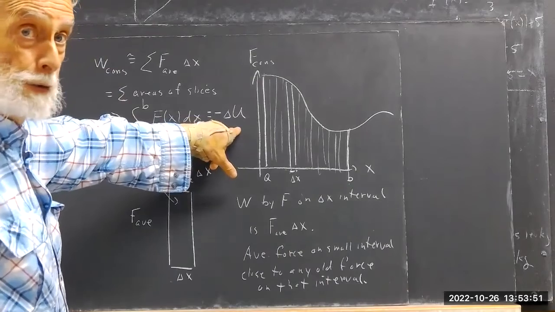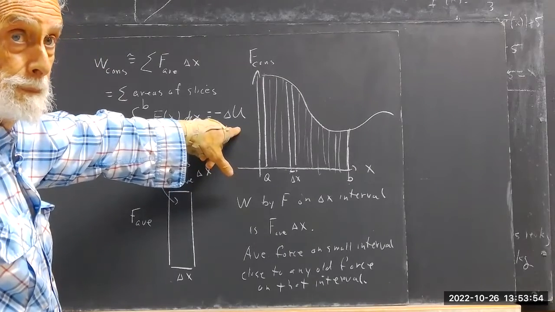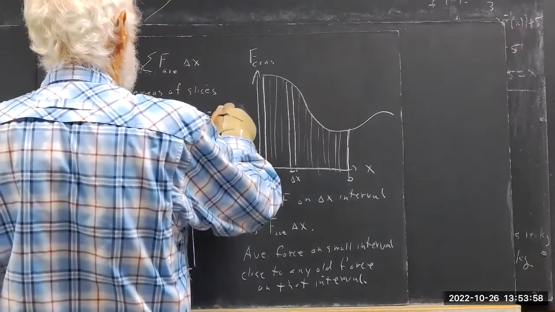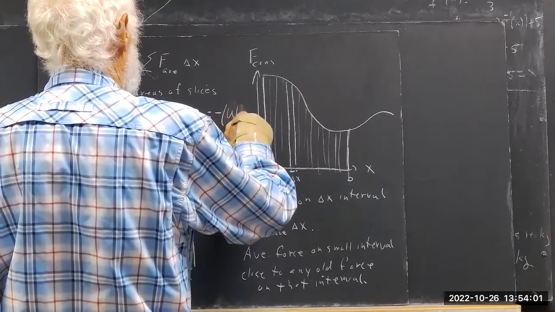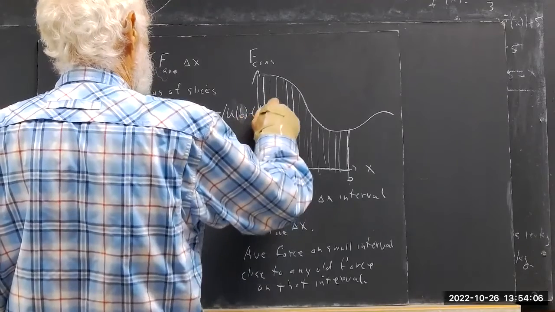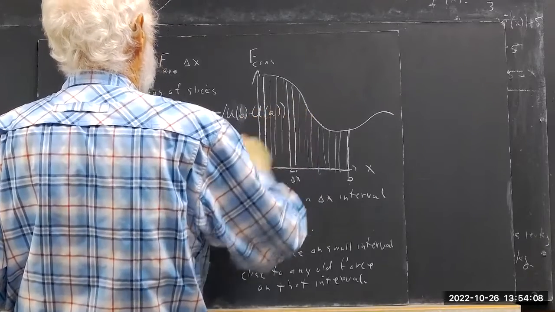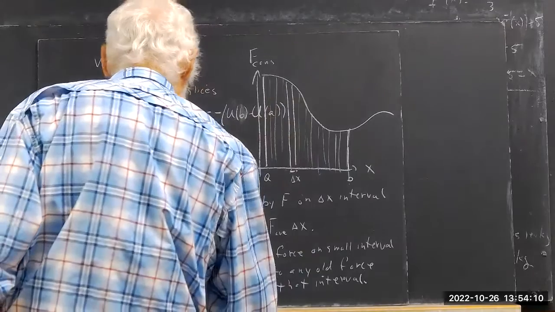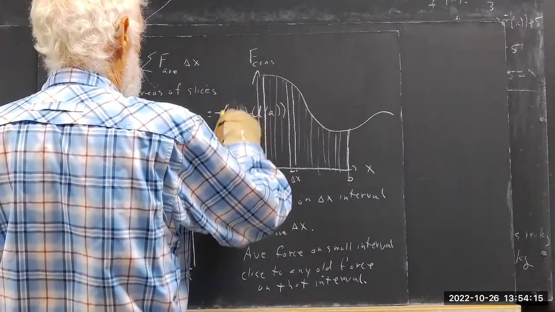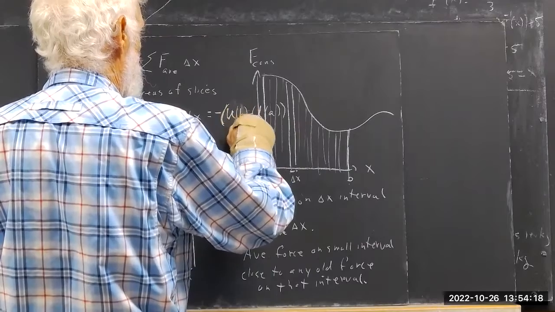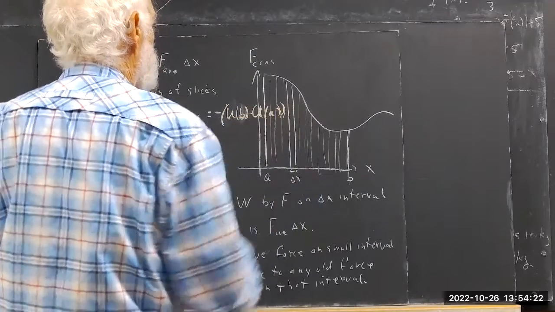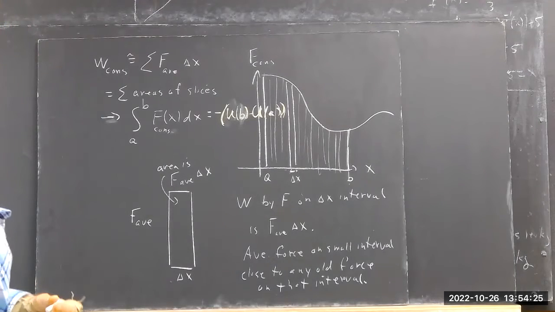It's the negative of the change in U, or the negative of U of B minus U of A. Hopefully you can read that.